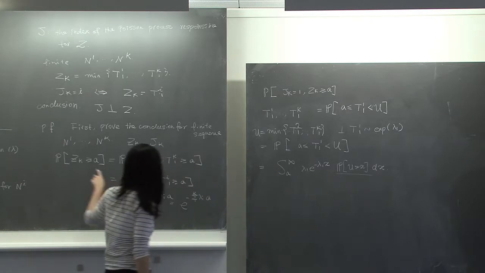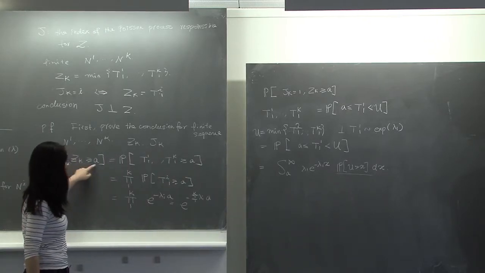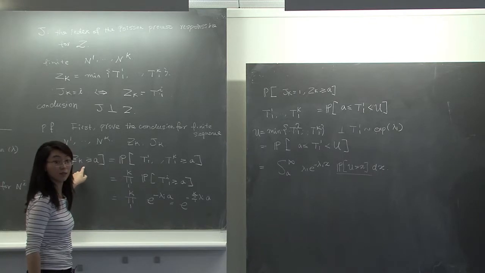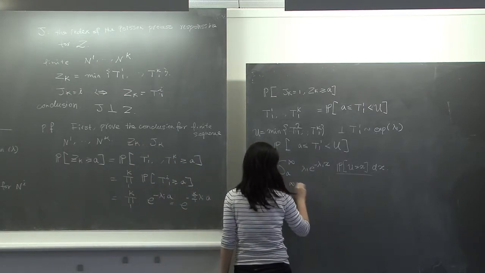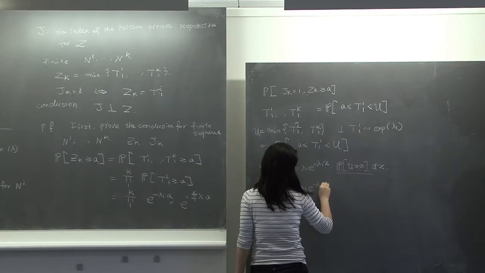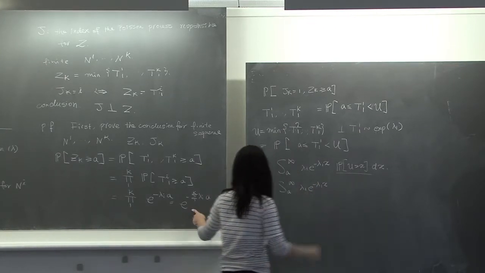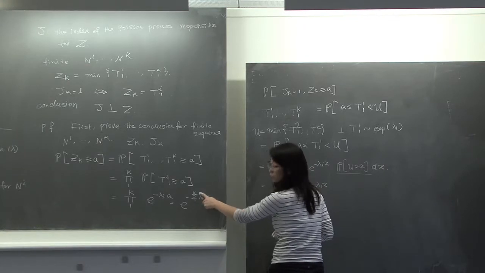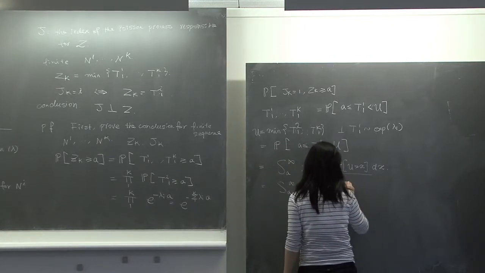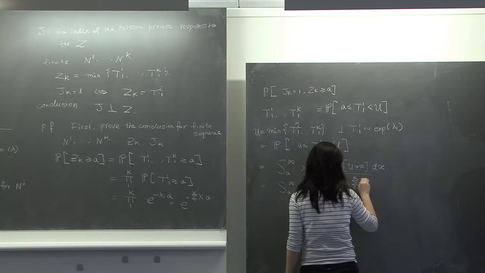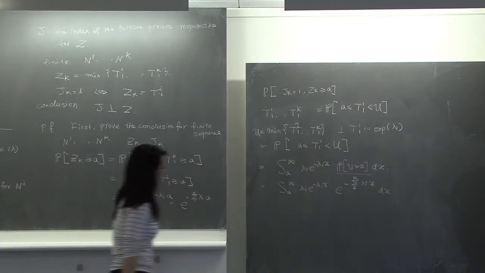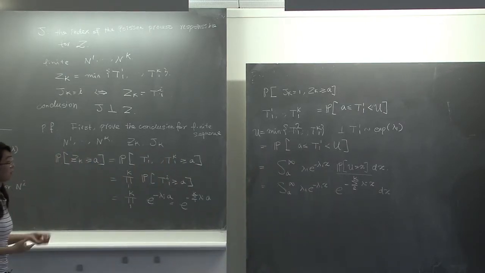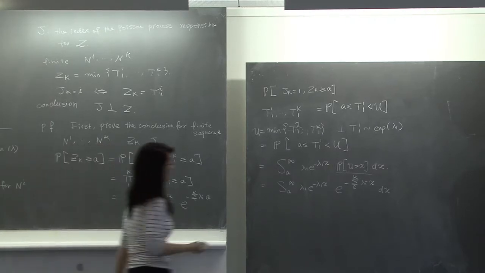And from the above calculation, this corresponds to Zk being greater than x, but this k is the minimum from 2 to k, not 1 to k. So the calculation is exactly the same. This one has the same form, the only difference is from 2 to k, not 1 to k. Okay, so now we can just do the integral explicitly.